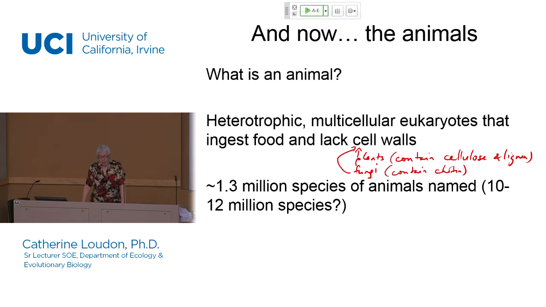There are over 1 million different species of animals that have been described and named. This is thought to be only a fraction of the total number of animals that are on the planet. It is thought that at the current time there's on the order of maybe 10, 12 or so million different species of animals. Of course, you might think, well, how on earth can you get a number for this if they haven't been named yet? How can you count them?